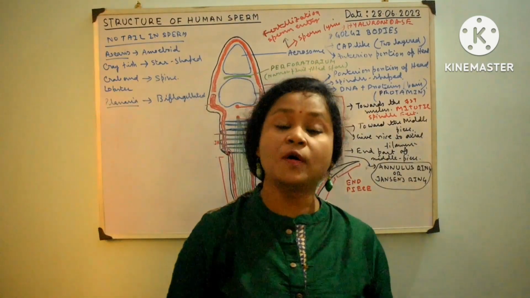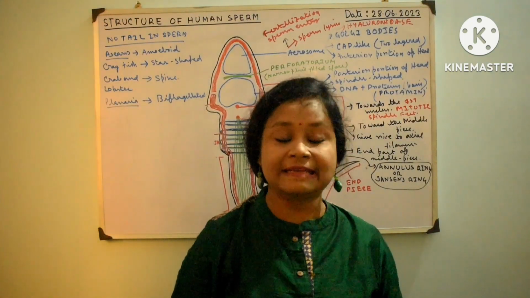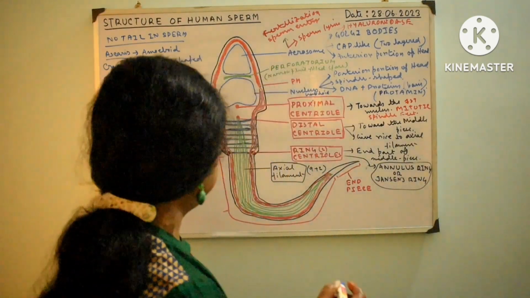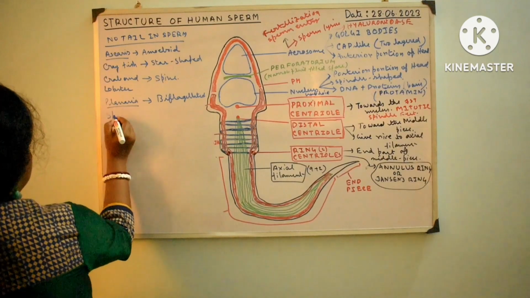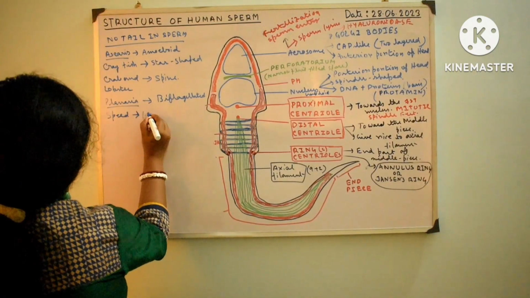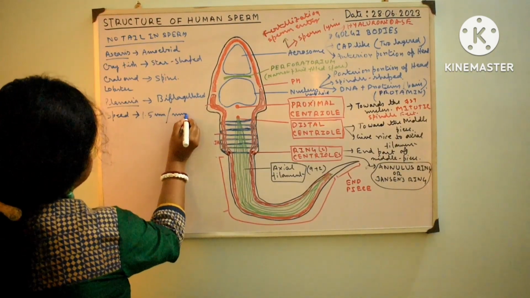The speed of sperm after it is ejaculated in the vaginal tract is 1.5 millimeter per minute.